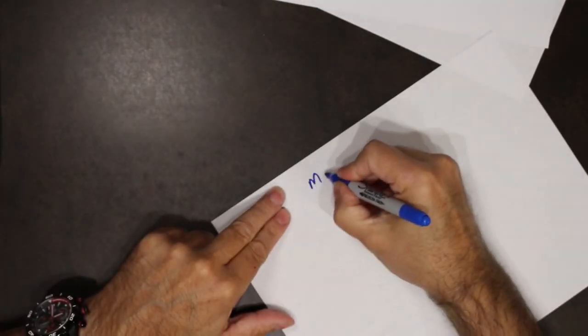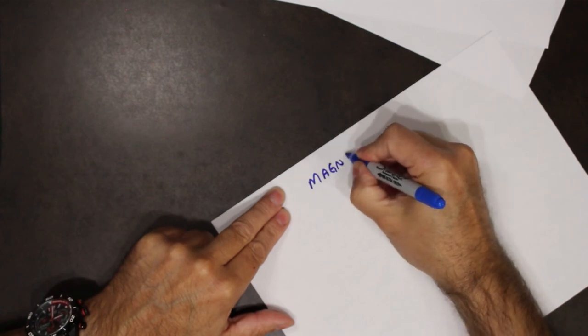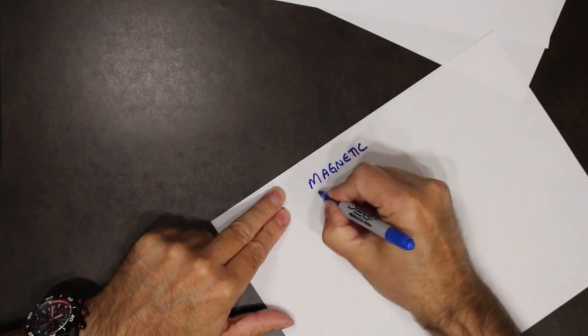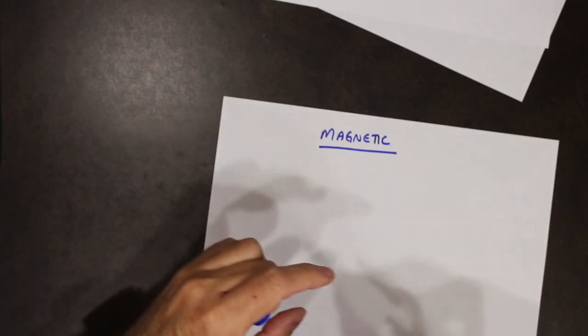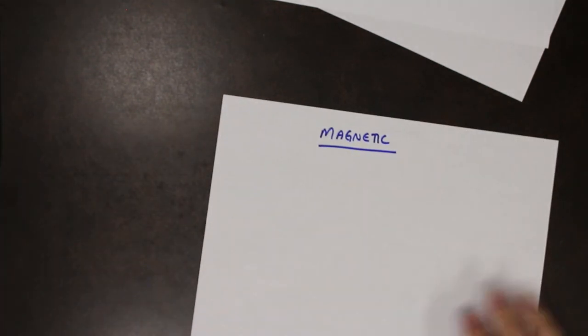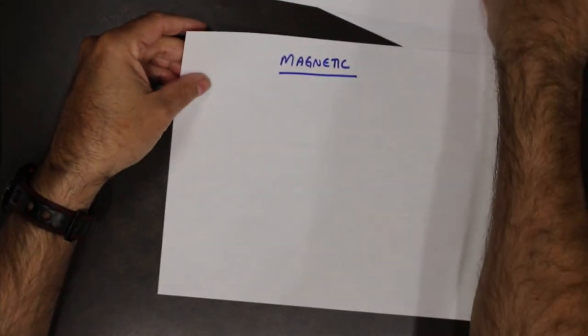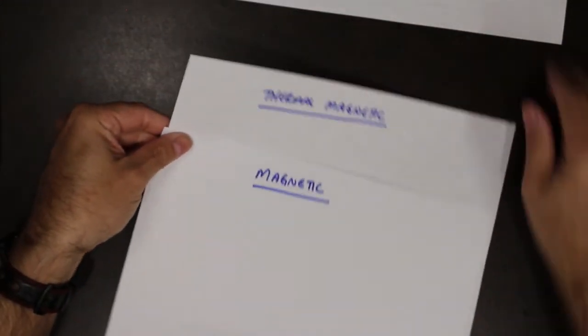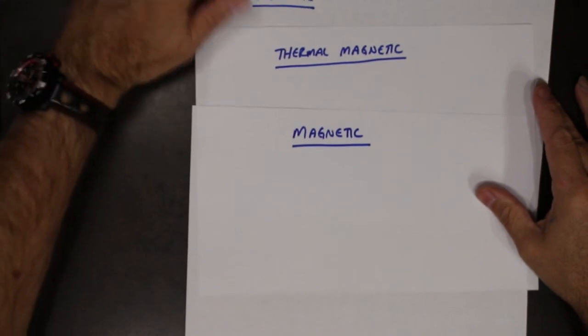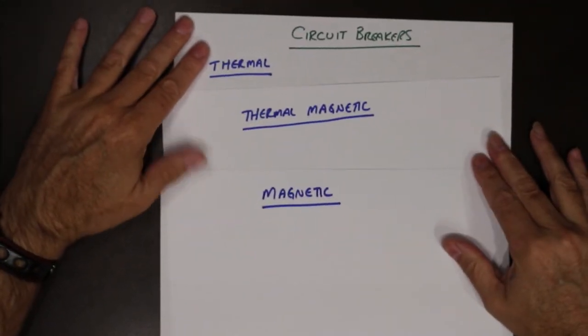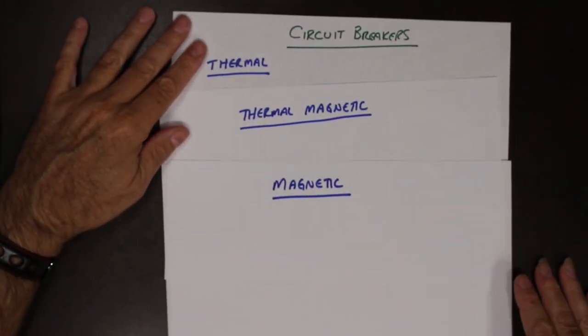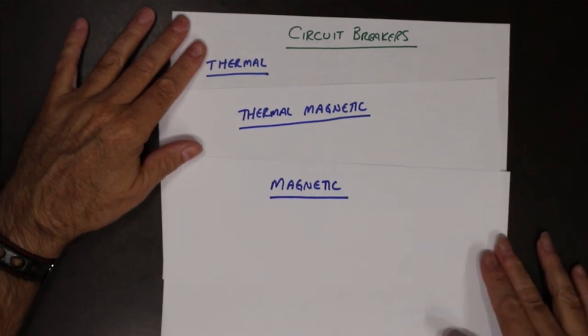And then we have magnetic. So three different types of technologies that are used inside circuit breakers: thermal, thermal magnetic, and purely magnetic.